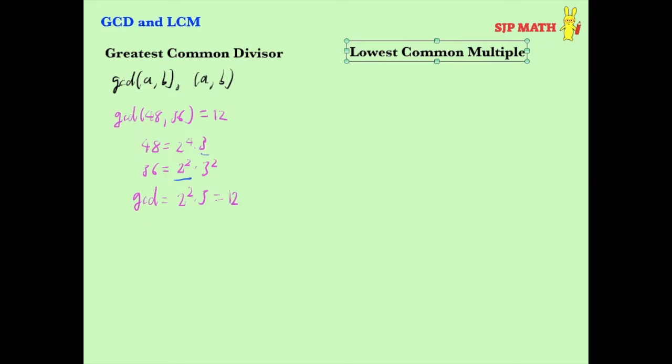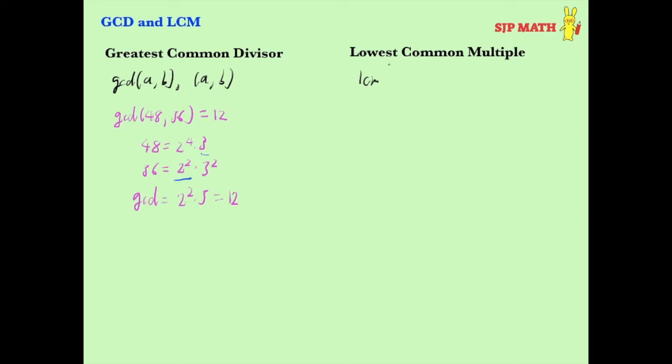Usually people write LCM for lowest common multiple. What this means is basically the lowest number that is a multiple of two or more numbers.